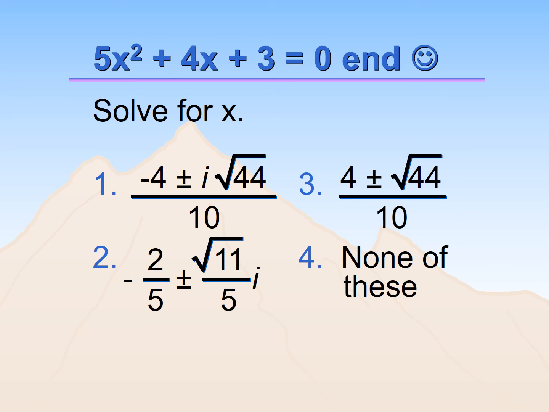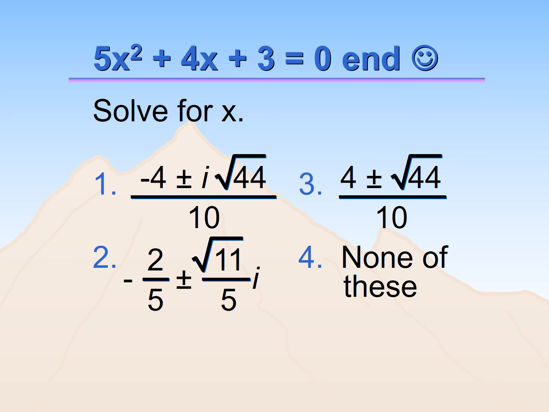One more problem for you to try. For this one, your a value would be 5, your b value would be 4, and your c value would be 3. So when you plug it into the quadratic formula, you should get negative 4 plus or minus the square root of 4 squared minus 4 times 5 times 3, all divided by 2 times 5.